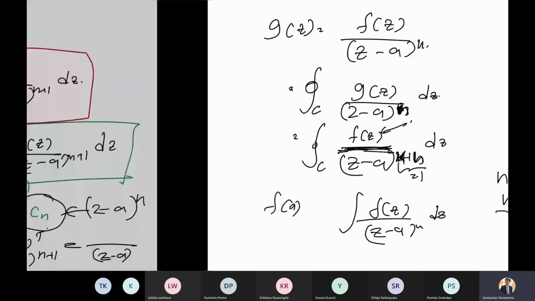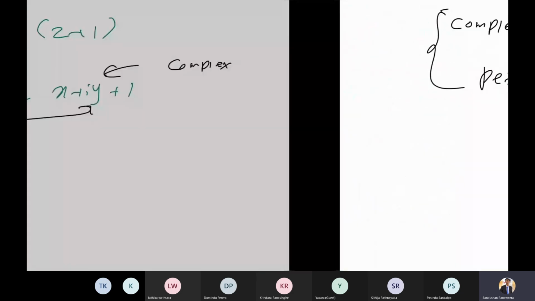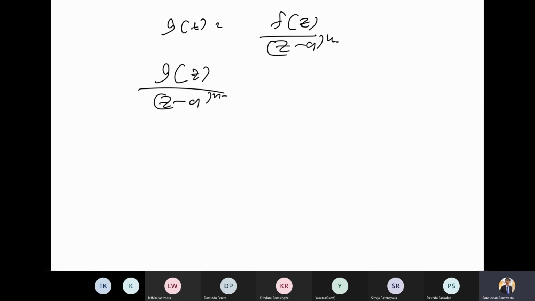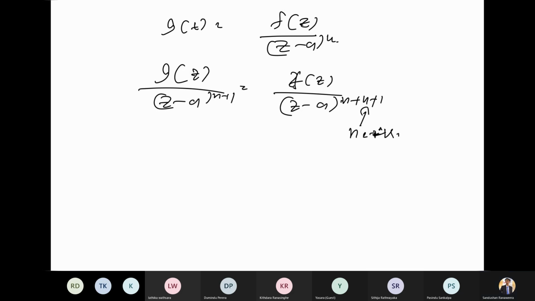It doesn't matter, you just write your function. Let's say your g(z) is an analytic function over z minus a to the power k. You just write z minus a to the power n plus 1. It will become f(z) divided by z minus a to the power n plus k plus 1. So if you have n equal to minus k, this power will become 1, so it is your least power.